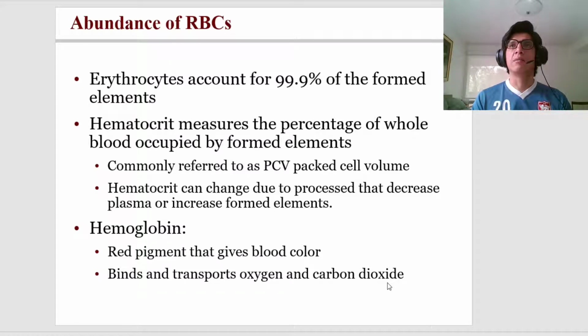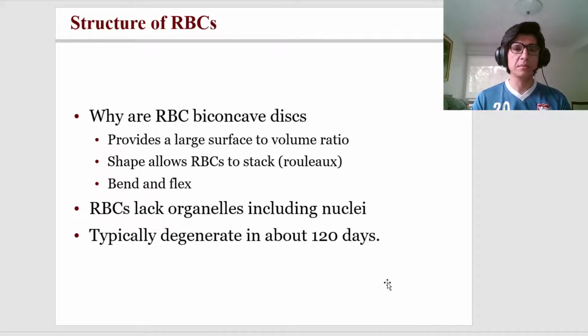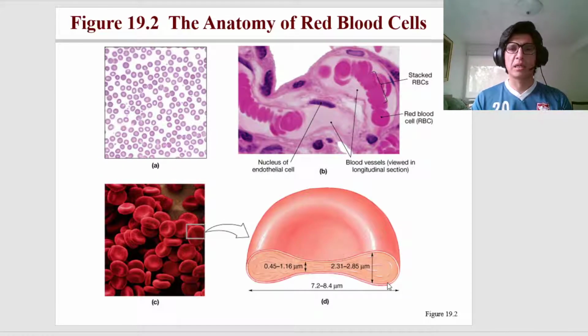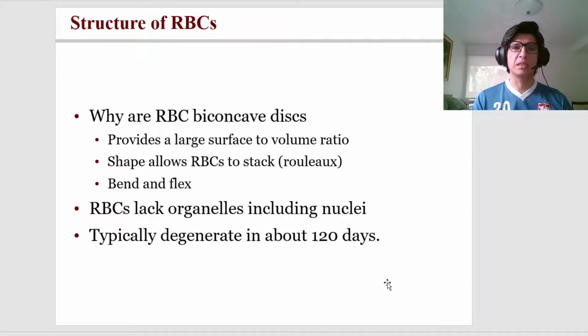Hemoglobin is the protein that gives blood the properties that allow it to exchange large quantities of gases, of oxygen and CO2. So let's look at the structure of red blood cells. The red blood cells are biconcave, as you can see here.